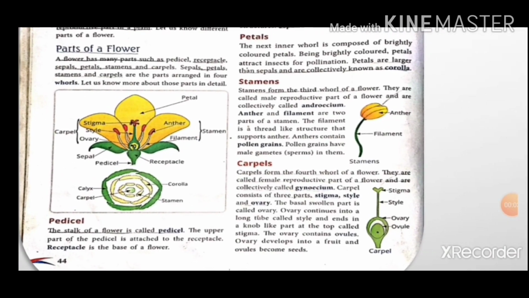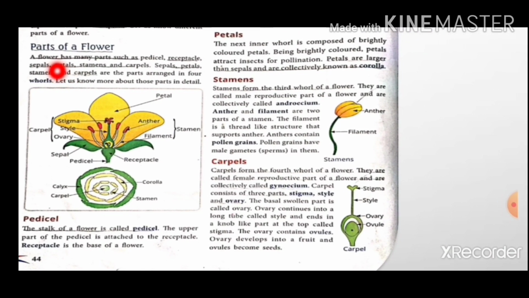A flower has many parts such as pedicel, receptacle, sepals, petals, stamens and carpels. Sepals, petals, stamens and carpels are the parts arranged in 4 whorls. Now let us know more about these parts in detail.